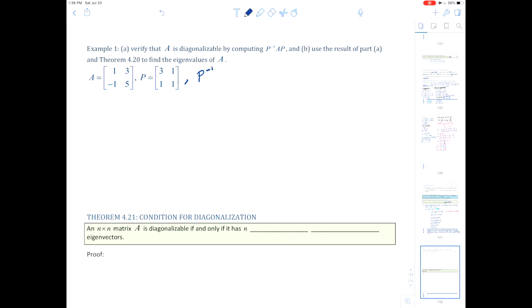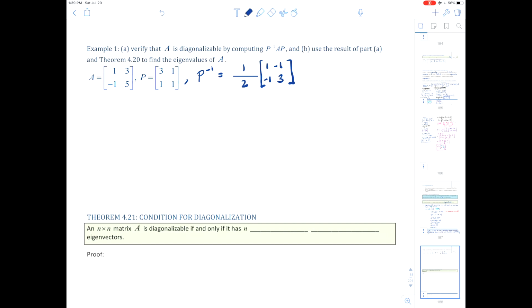Well, P inverse will be equal to 1 over the determinant of P, which is 3 minus 1, which would be 2. And then times, we'll switch the main diagonal entries and then put opposite signs on the non-main diagonals.